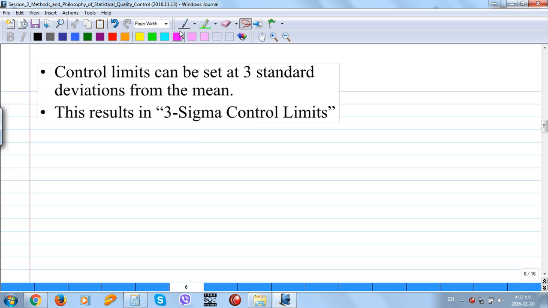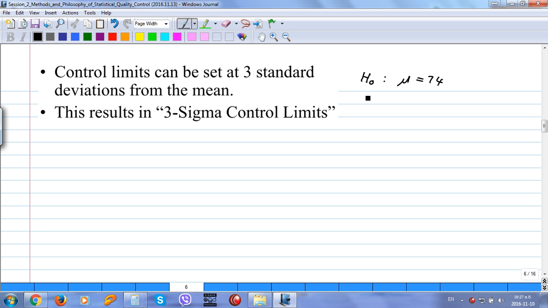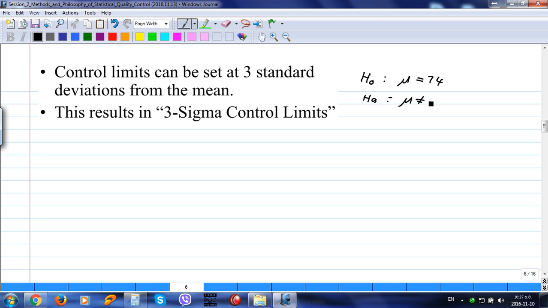As an example, the null hypothesis H0 is mu equals 74, and the alternative hypothesis is mu not equal to 74. So taking control limits is equal to the critical region in hypothesis testing.